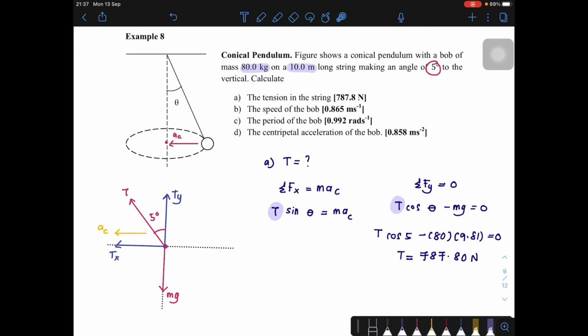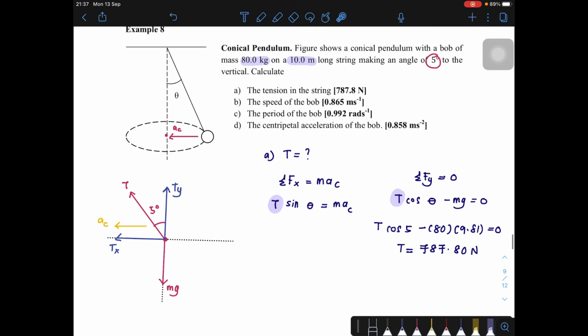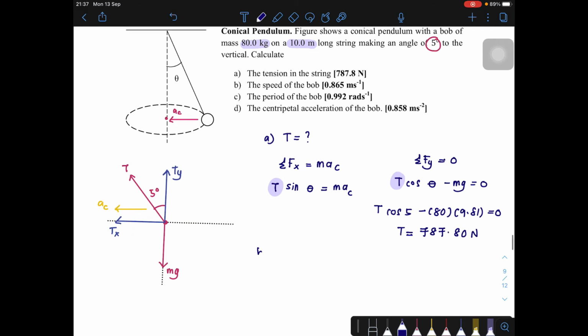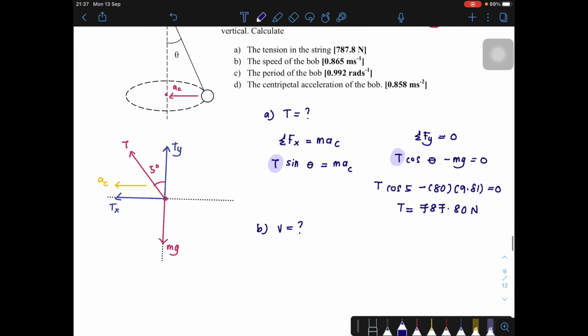Okay, next one we want to find the speed of the bob. Okay, we want to find the speed, which is value for v. Okay, how do we find the value for v? So kita tahu v, kita boleh dapatkan daripada centripetal acceleration, di mana ac adalah sama dengan v square divided by r, right?